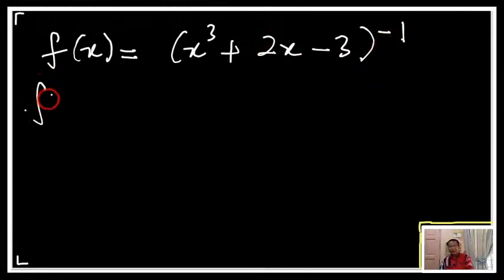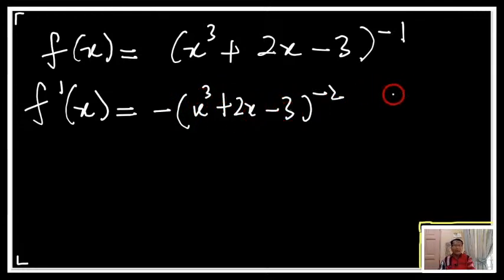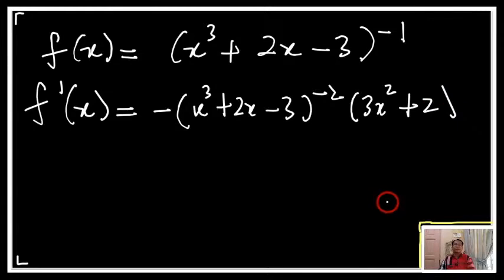So this one, f prime x, the derivative is the outer function, so you have negative 1 times (x cubed + 2x - 3) to the power negative 2, times (3x squared + 2). Very easy. That is chain rule.